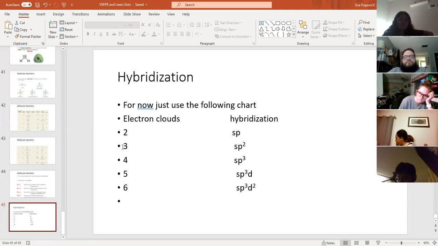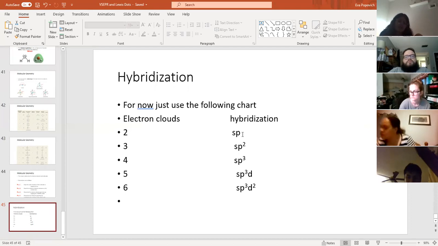If I have 3 electron clouds, I'm going to need 3 atomic orbitals to be hybridized, so I'm going to need an S and 2 Ps. That hybridization is SP2. Somebody had a question. Yeah, so the SP will be the same as the linear, or is something different? Yes. Okay. SP.